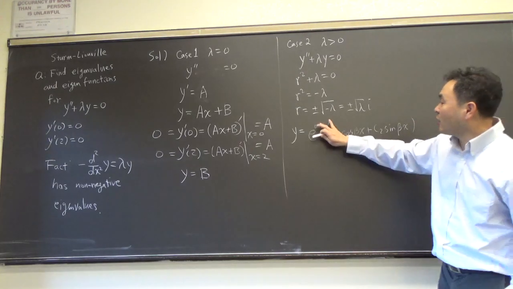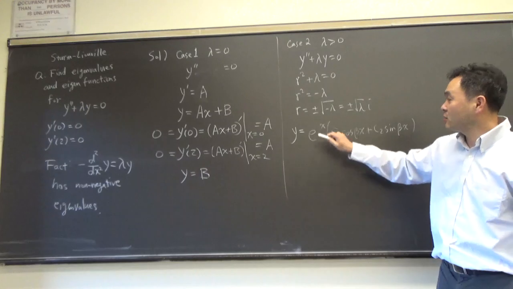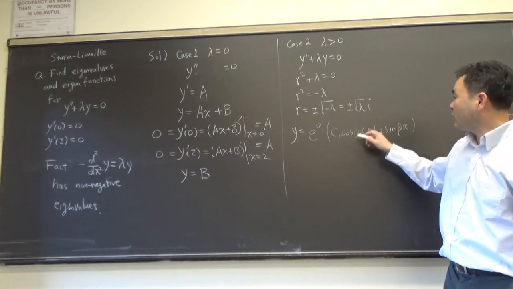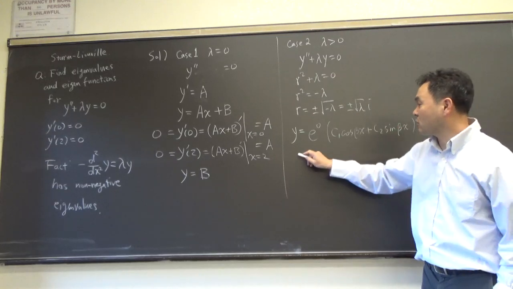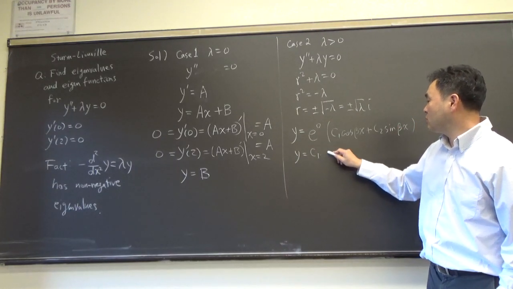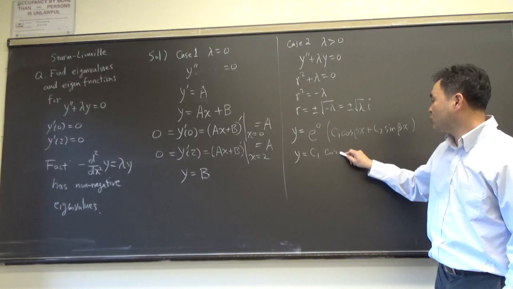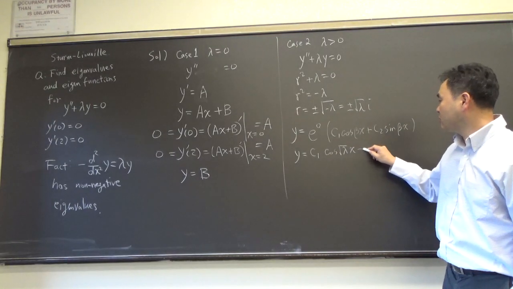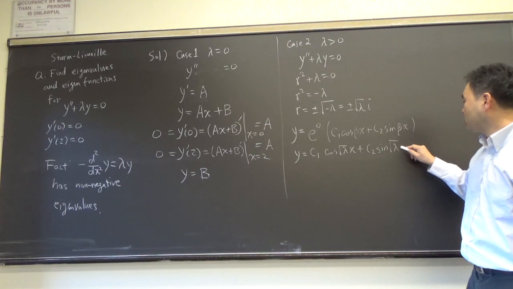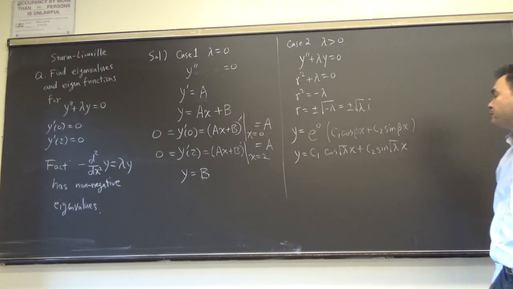But in our case, alpha is 0, right? So this is just 0, and e to the 0th power is just 1. And beta here is square root of lambda, so we get y equals just c1 cosine square root of lambda x plus c2 sine square root of lambda x.